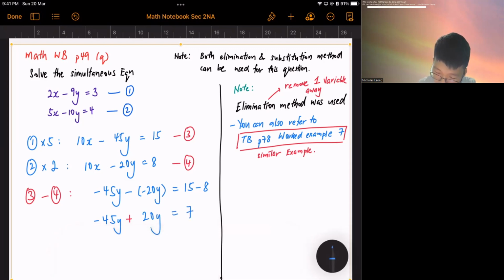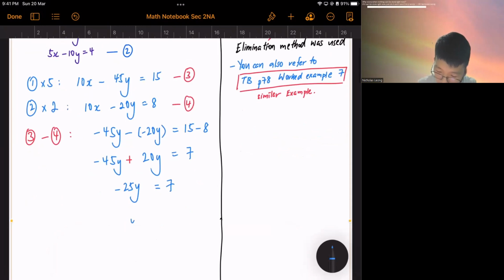So minus 25y equals 7, so y equals 7 over negative 25. You get a fraction as the answer, and this is normal.